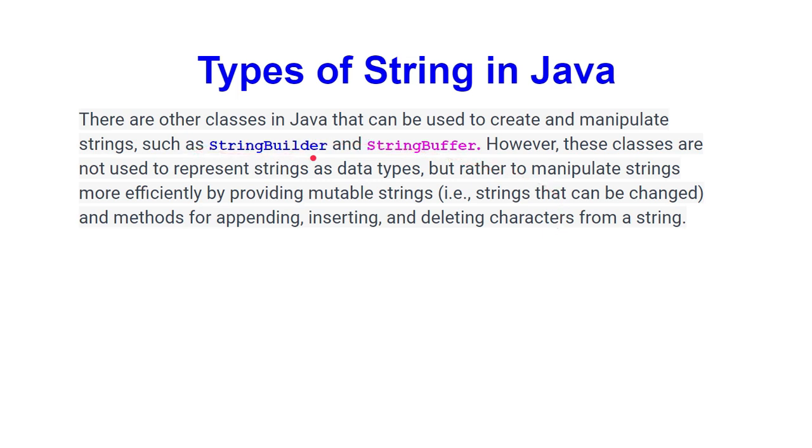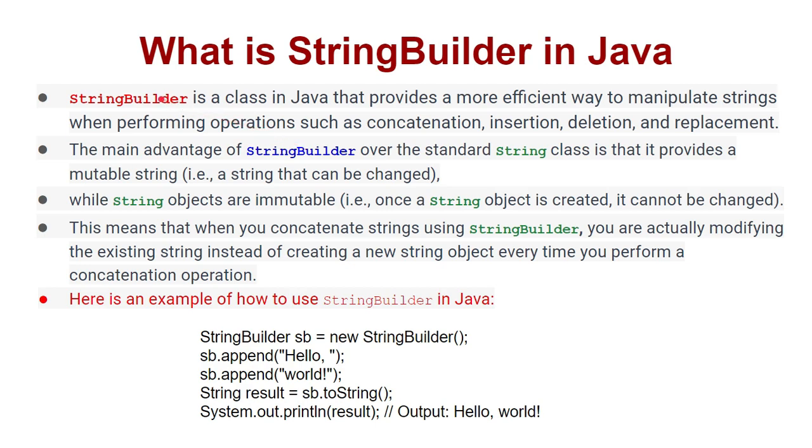What is StringBuilder in Java? StringBuilder is a class that provides a more efficient way to manipulate a string when performing operations such as concatenation, insertion, deletion, and replacement. Whenever we do concatenation, insertion, or deletion, StringBuilder gives better performance.